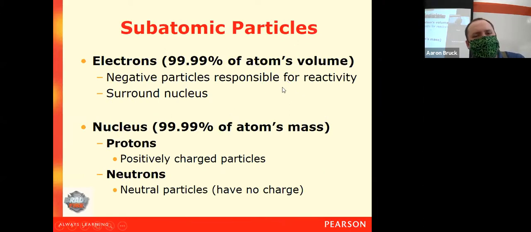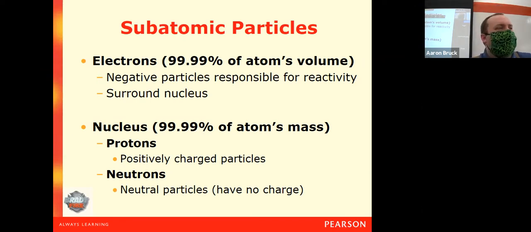So let's put this into perspective, because my drawing actually doesn't even do it justice. The electrons, which make up over 99.99% of the volume of the atom, are negatively charged particles, and they are largely responsible for the chemical properties of the substance itself.